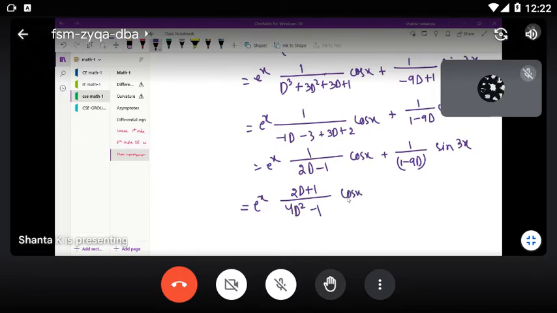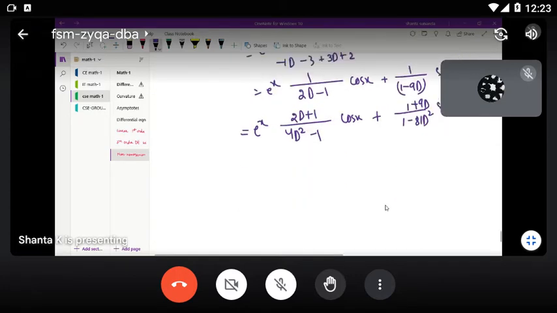Now in place of D square you can put minus a square, that is minus 1 here. And we are only left with D in the upper part, that means only once we have to differentiate. So here also you can do 1 plus 9D, so here we have 1 minus 81D square sine 3x. So this is one easy way you can do.